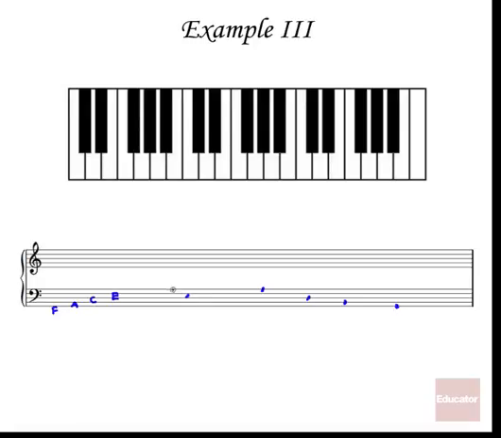Okay, so this one is an E. And then now we should count up from this E, so E, F, G, so here's an A. And this one is just a step above this C, so it's a D. And this one is just a step above this A, so it's a B. And now this one is below this A, so it's a G.